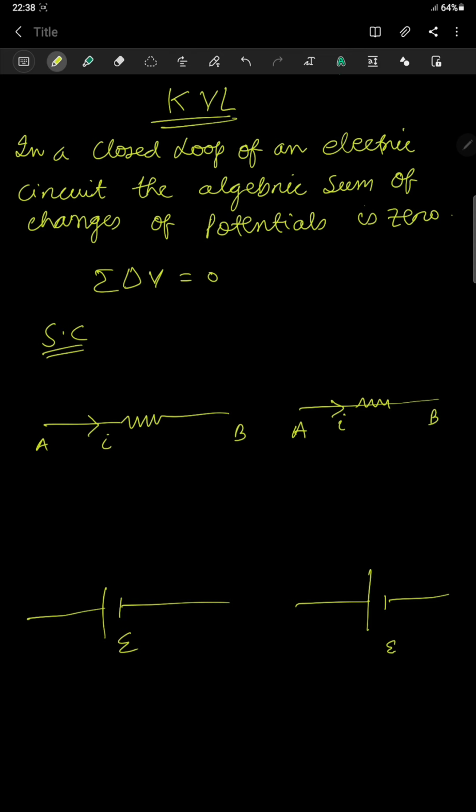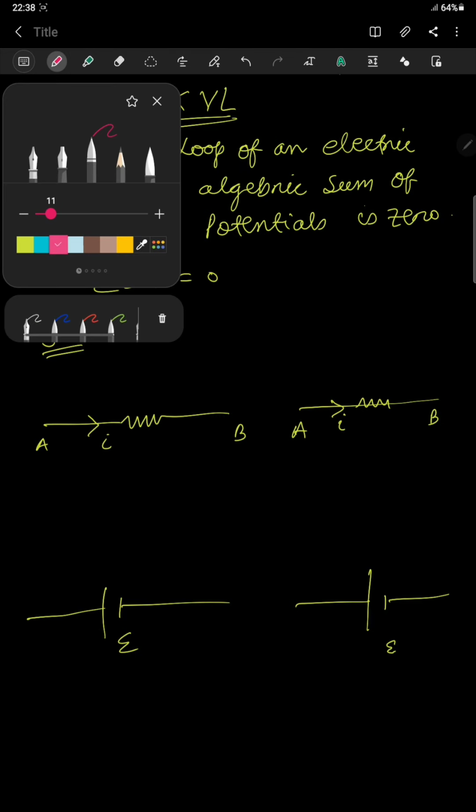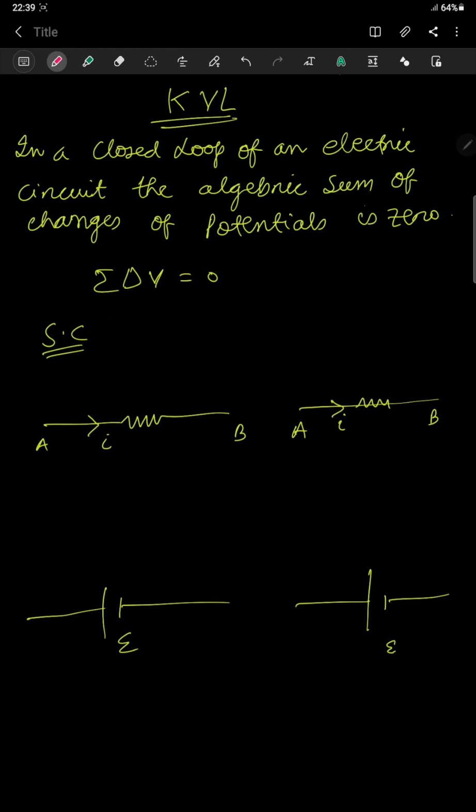Now in a closed loop, we have to move ourselves. How am I going to move? When my movement direction is the same as that of the current, then the potential drop will be minus IR. If I am moving in a direction opposite to that of the current, then the potential drop will be plus IR.